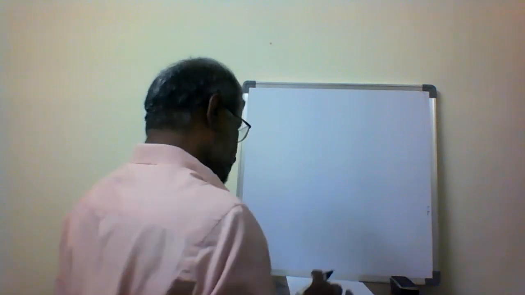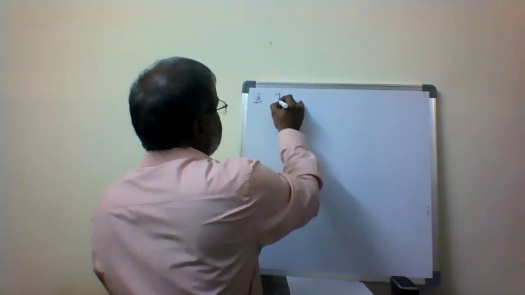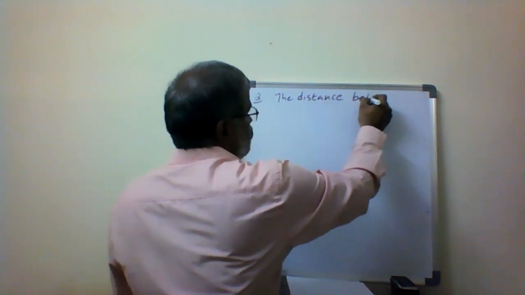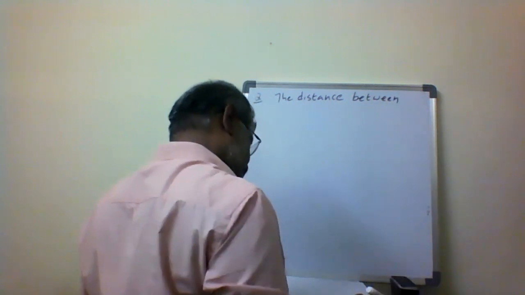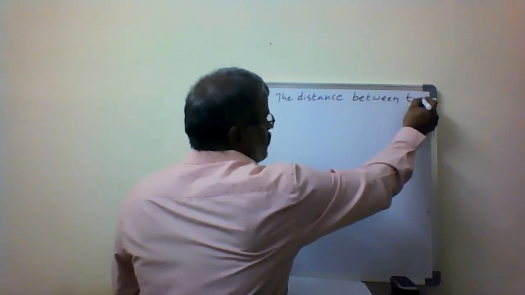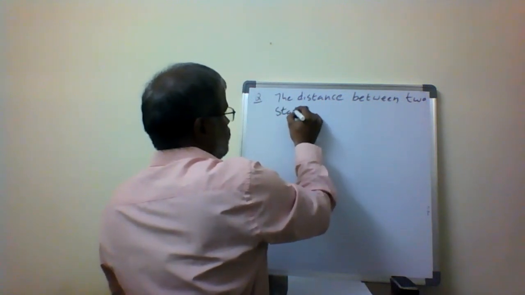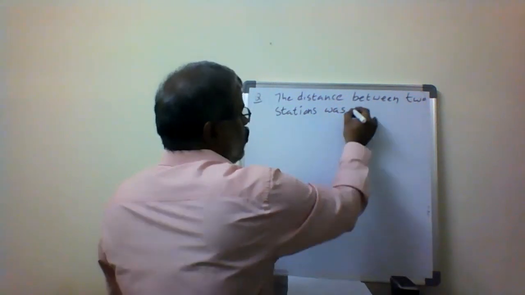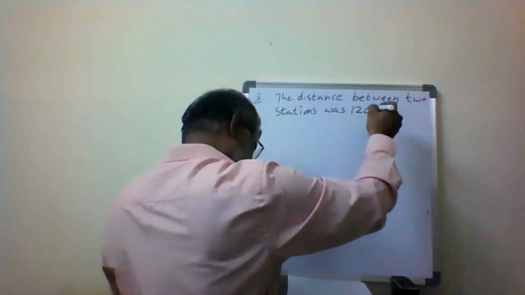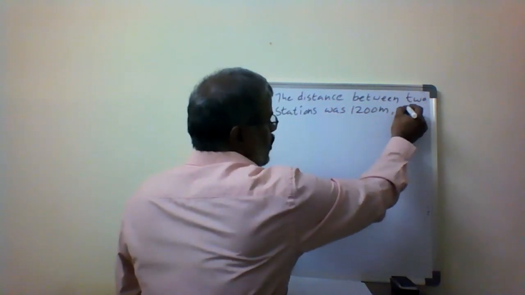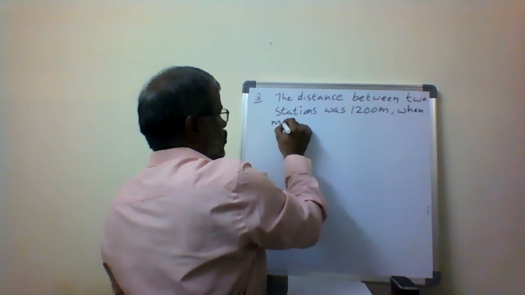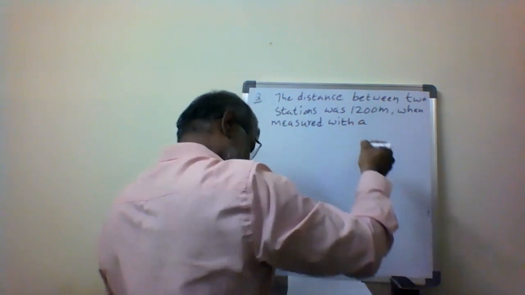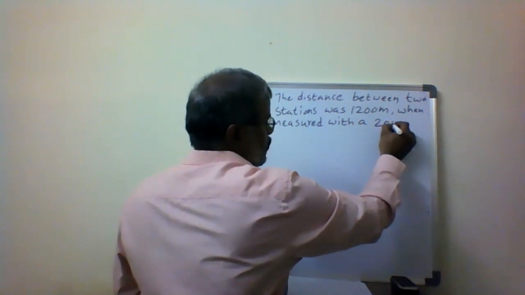Next is one more problem. The distance between two stations was 1,200 meters when measured with a 20-meter chain.